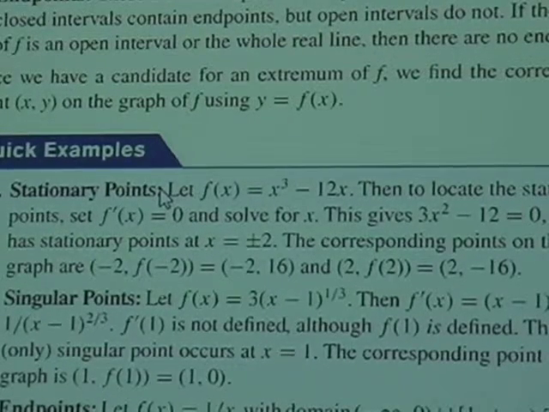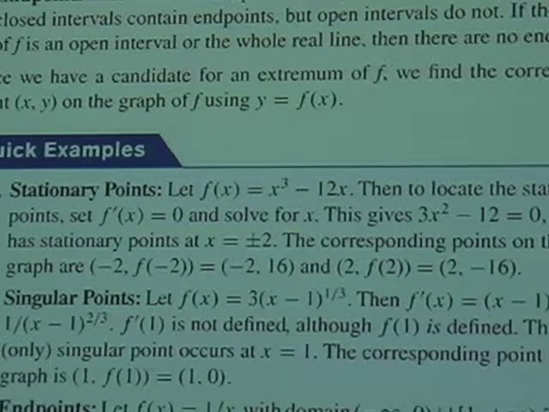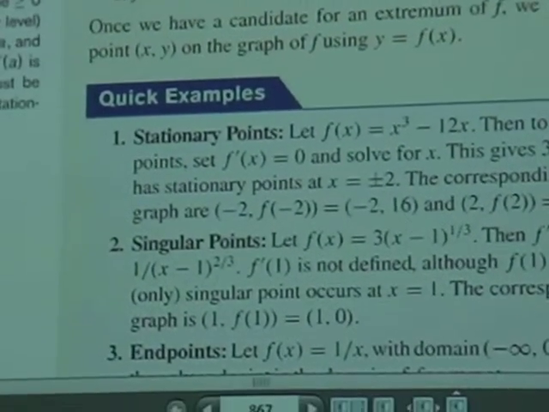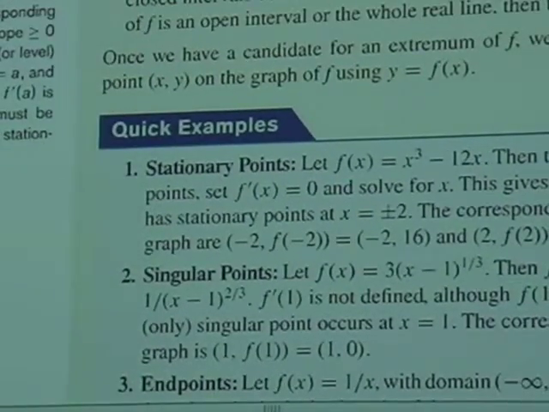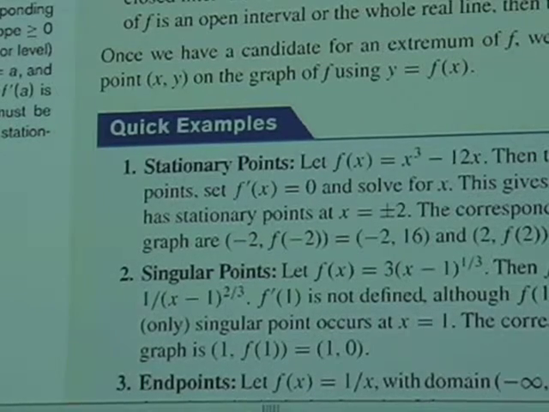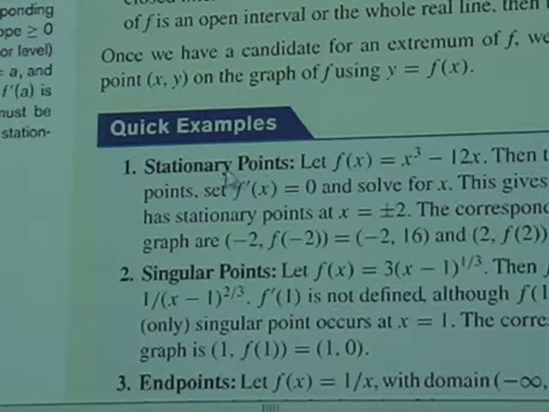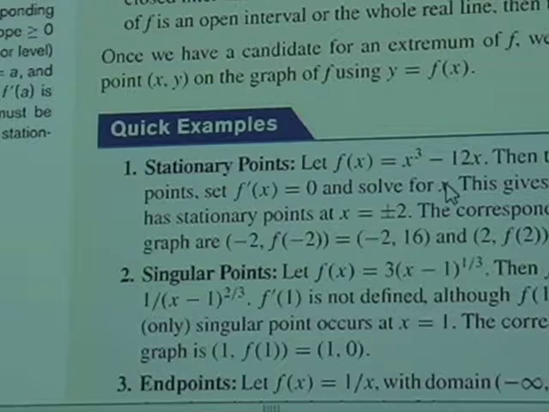Stationary means the derivative equals 0. Singular means the derivative doesn't exist. And endpoints are endpoints. Everybody knows what endpoints are.